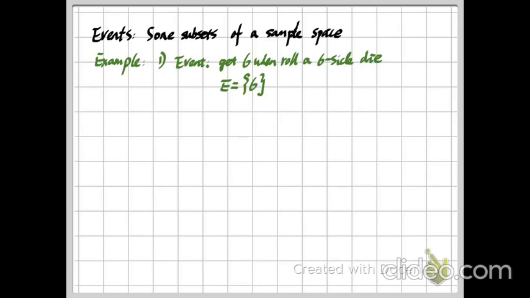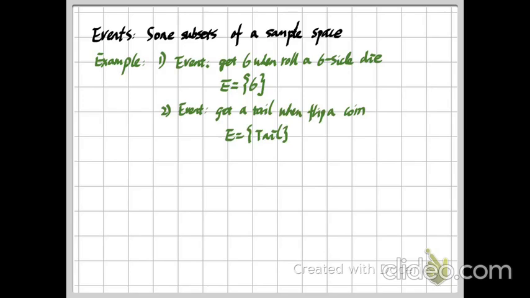Then let me give you one more example. This example is about flipping a coin. What event are we interested in? If we are only interested in the event of getting a tail, then E is equal to tail. So this is our answer.